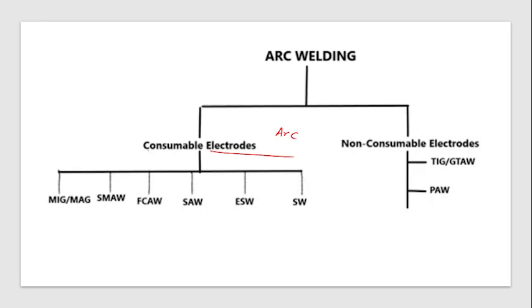In the consumable electrode, your electrode will work as a filler material and it will be deposited on your workpiece. But in the non-consumable electrode, if the thickness is less than 5 mm, then there is no need of filler material. You don't have to use filler material.